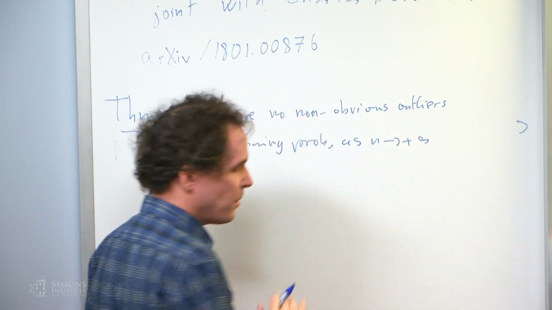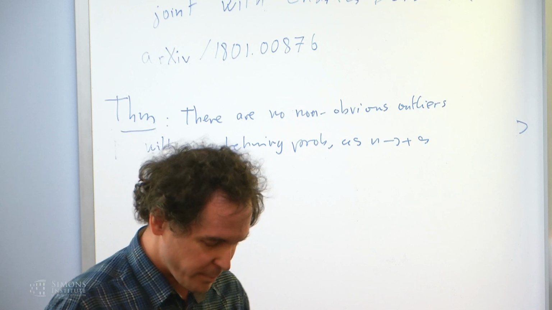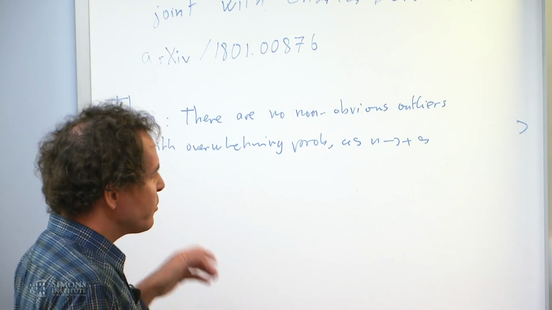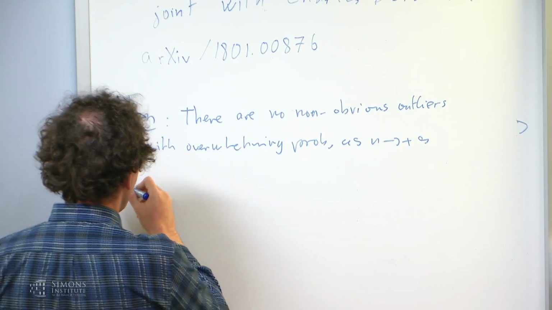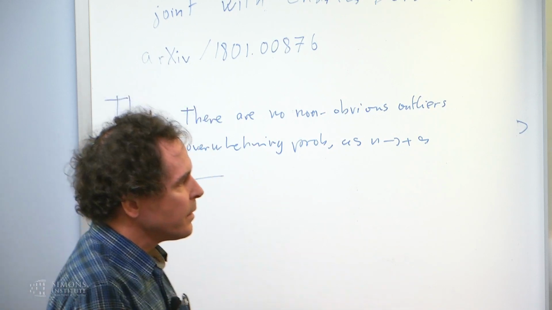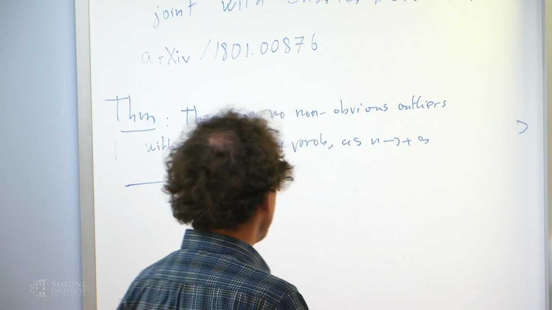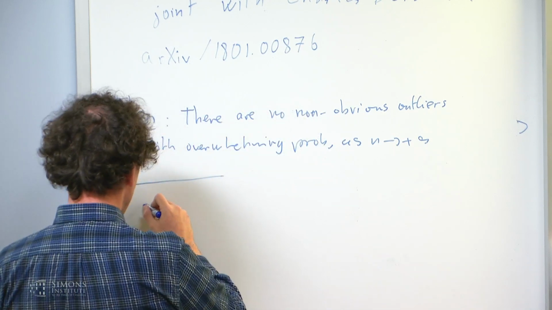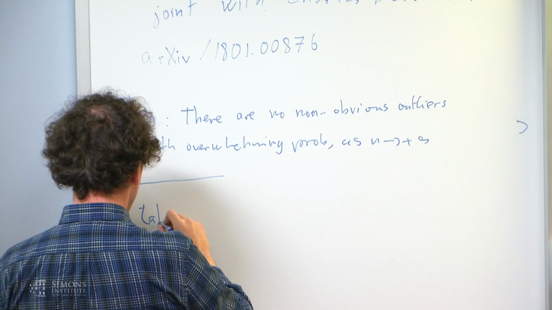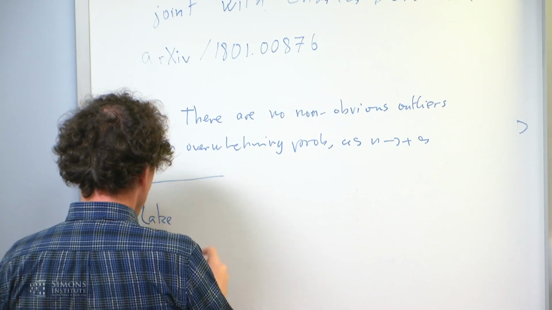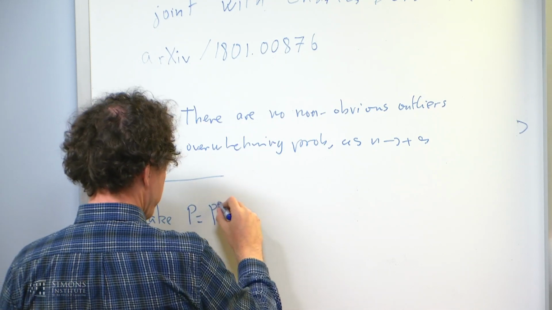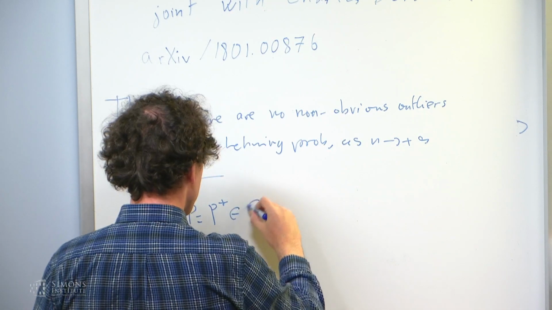So I think it's already possible to make a rigorous statement out of this, but let me be a little more precise. What we do is we take a self-adjoint element here.